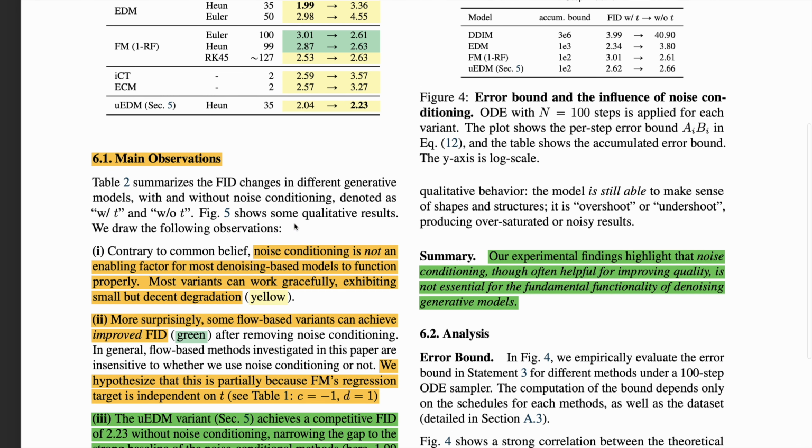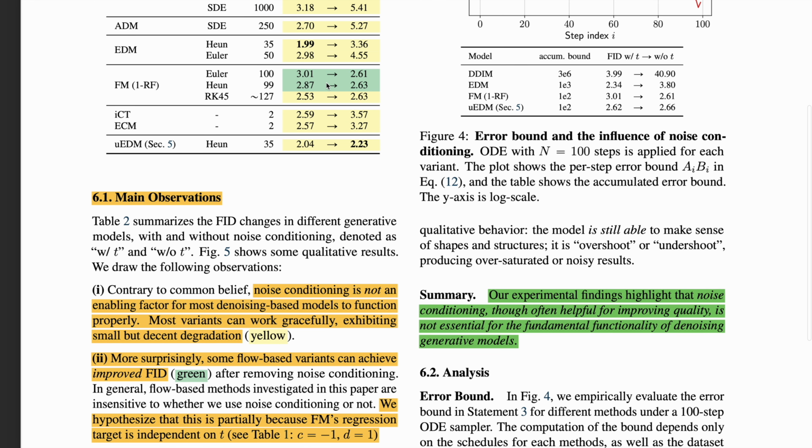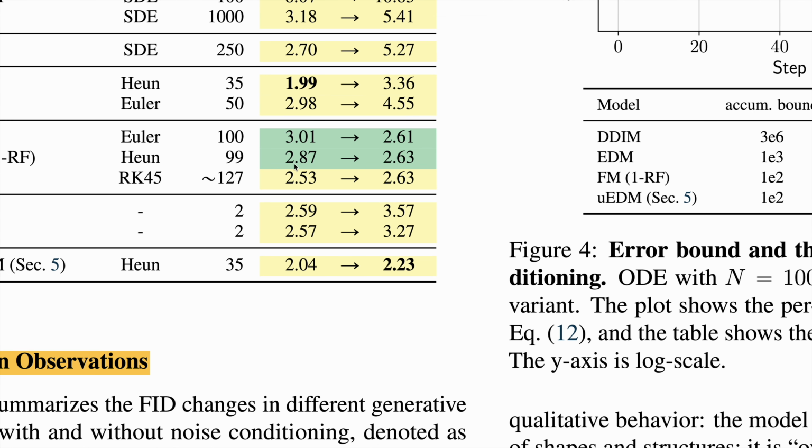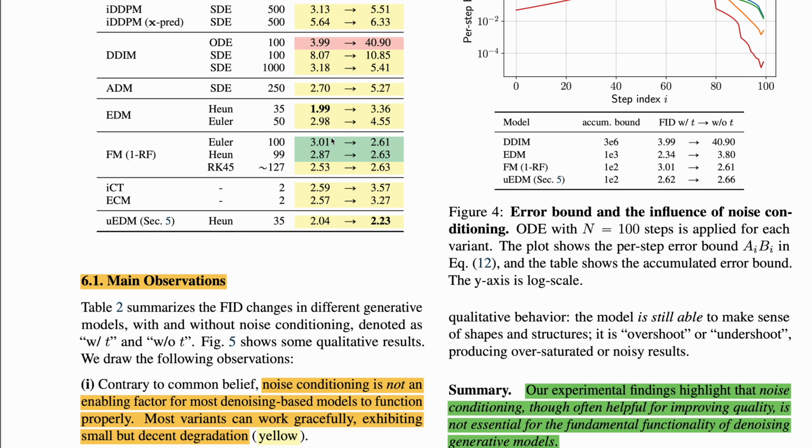You have some rows in green, where surprisingly, not using the noise conditioning gives better results. And these are for flow matching models, flow-based models. If you are not aware of those models, I've made different videos about them, including an implementation from scratch, so I would invite you to have a look at those videos.